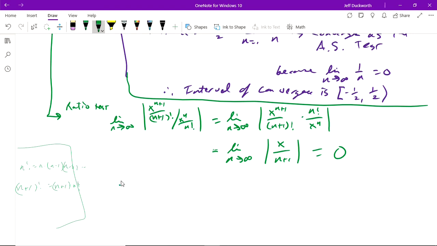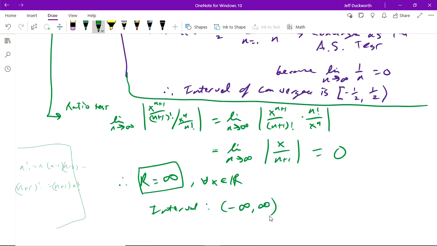Therefore, R equals infinity, or essentially for every x in the real numbers it's going to work. So this is our radius, and our interval is going to be negative infinity to infinity.